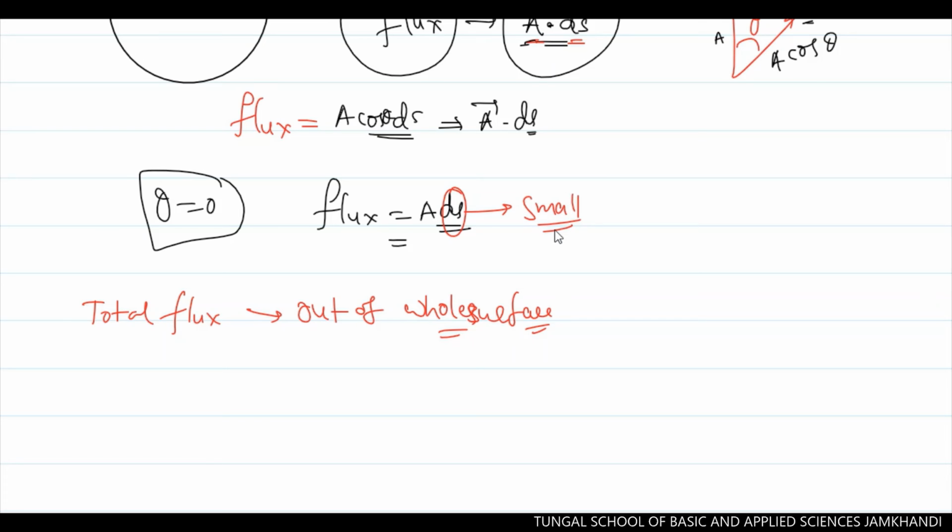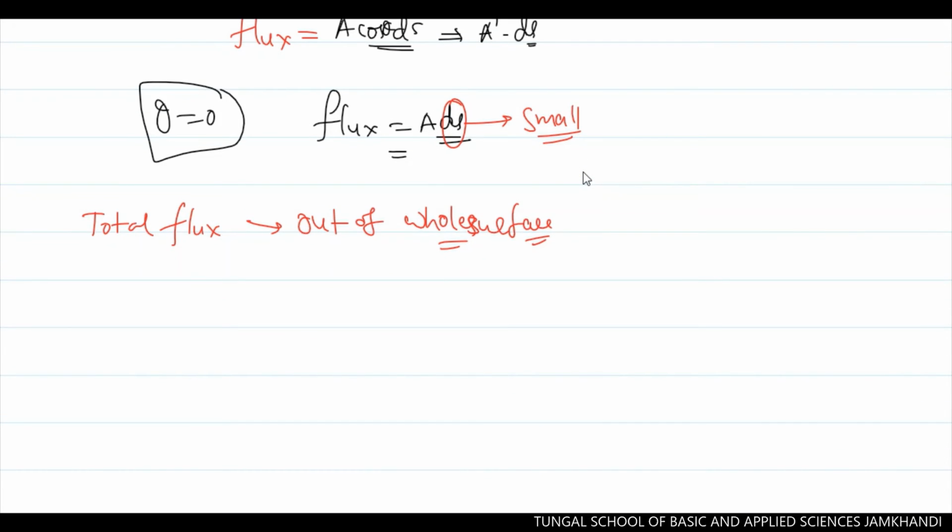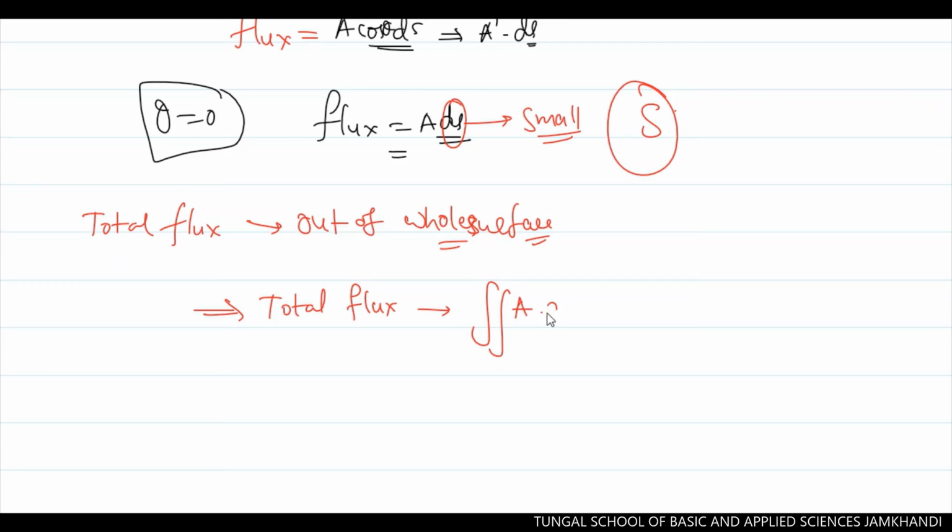If I calculate the total flux of that physical quantity through the full surface area, that is capital S, then by integration, the total flux is equal to the surface integral of A vector dot ds vector, because ds is an area element.